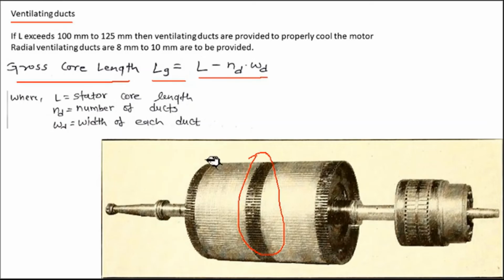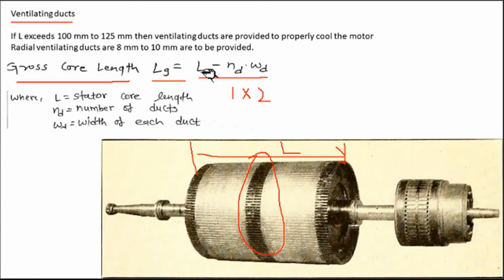Here L is your total length. So L minus ND, where ND stands for number of ducts, into the width of each duct. Suppose there are 2 ducts, then it is 2 into the width of each duct. Now here we have only provided 1 duct, so ND will be 1 into the width of the duct, suppose it is 2 centimeter.